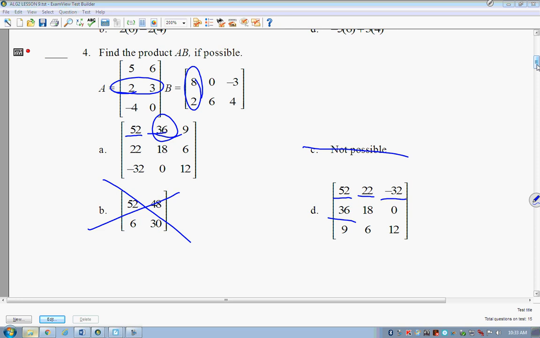And if I want this last one over here, third row, third column: negative 4 times negative 3 plus 0 times 4, leaving me with 12. If you can do that, you guys are golden.